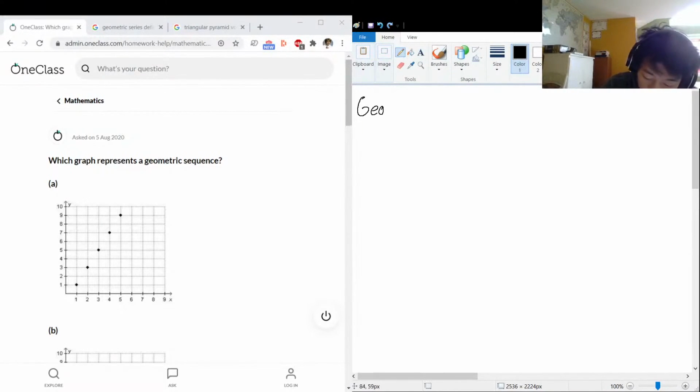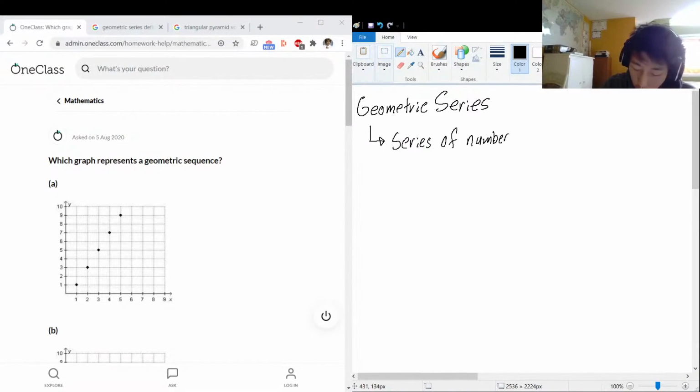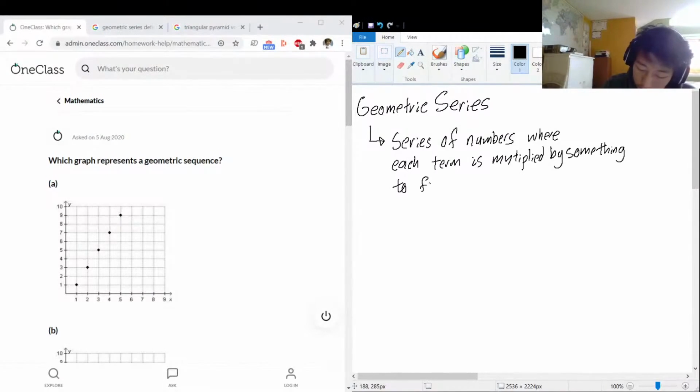A geometric series is a sequence of numbers, or a series of numbers, where each term is multiplied by something to find the next term.